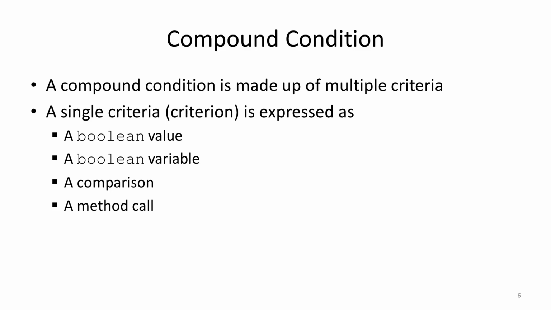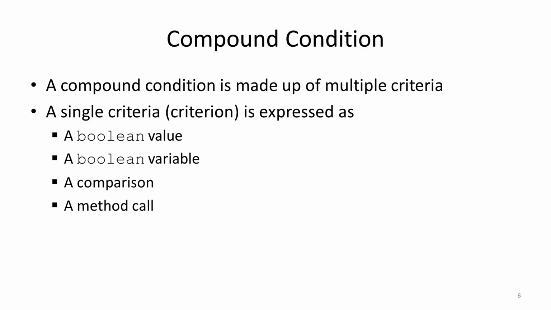Try not to get caught up in the semantics of criteria versus condition, because they are often used synonymously. If a condition contains only one criteria, then that criteria is the condition. If a condition is a compound condition, then each individual criteria make up the condition.